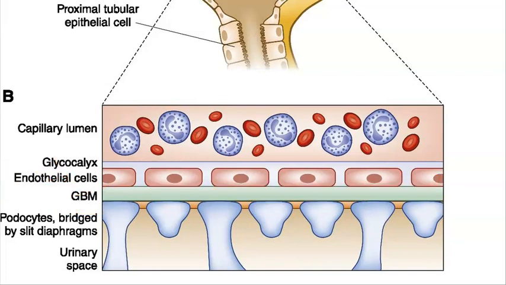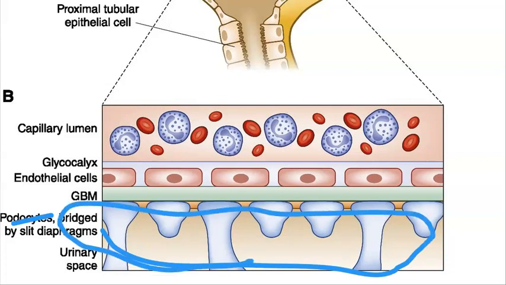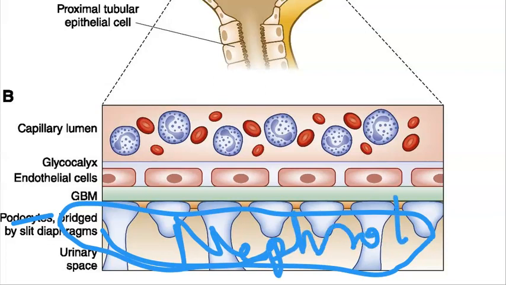If the podocytes are injured and there is some structural change of the glomerulus, what will you see? Nephrotic syndrome. Massive proteinuria you will see. In nephrotic syndrome, you will lose greater than 3.5 gram of protein per day.